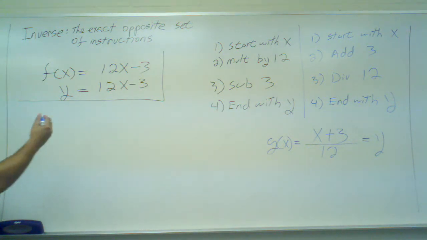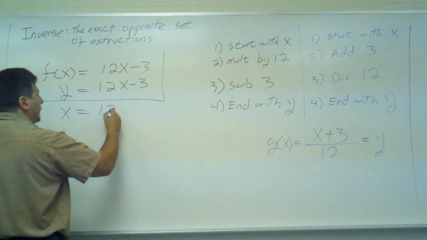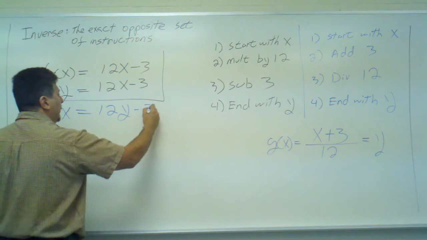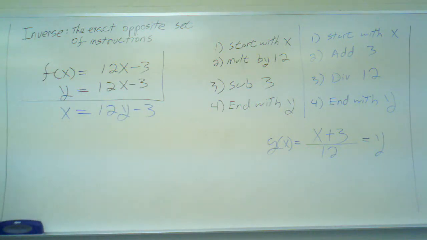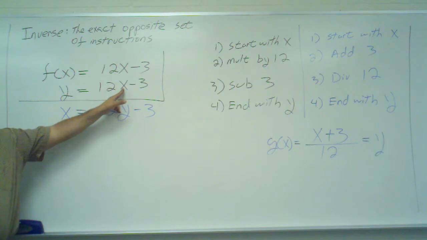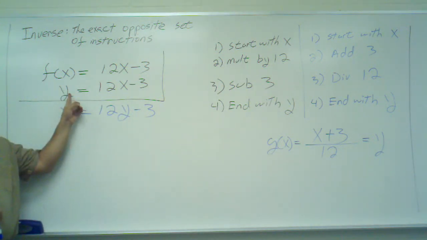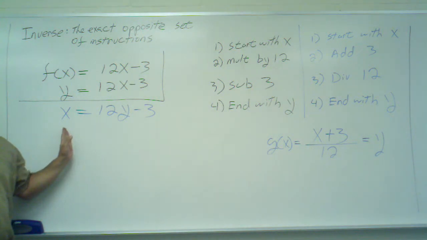The inverse function is x equals 12y minus 3. I'd like you to notice all that I have done is everywhere I saw an x, I replaced it with a y. Everywhere I saw a y, I replaced it with an x.